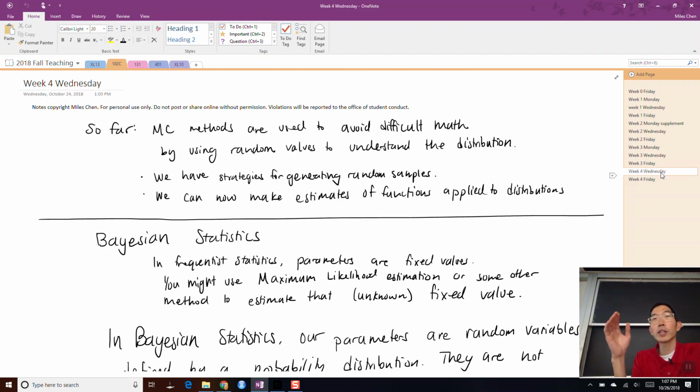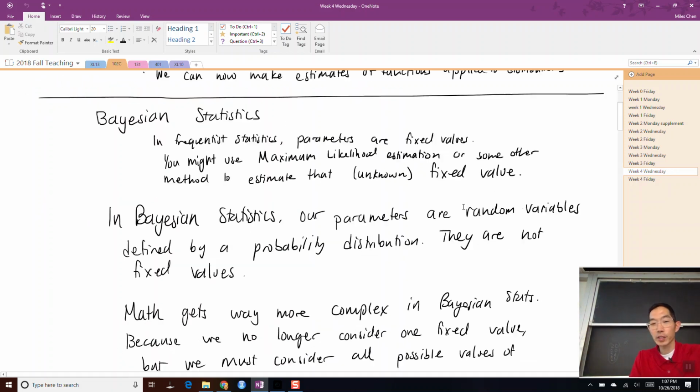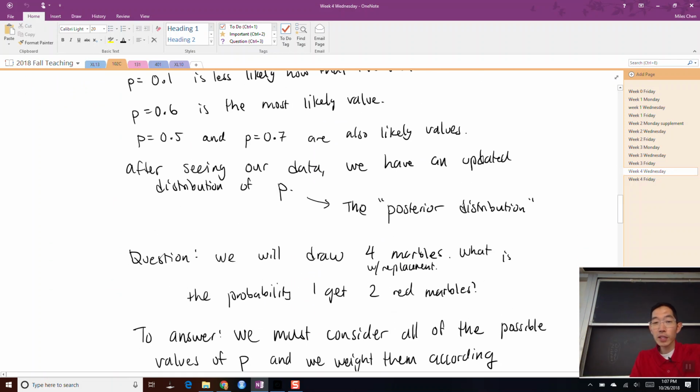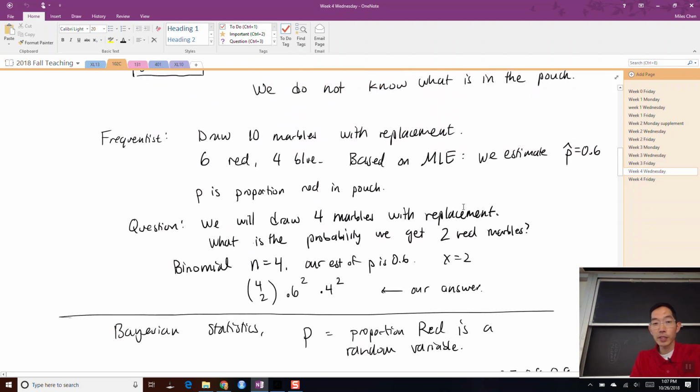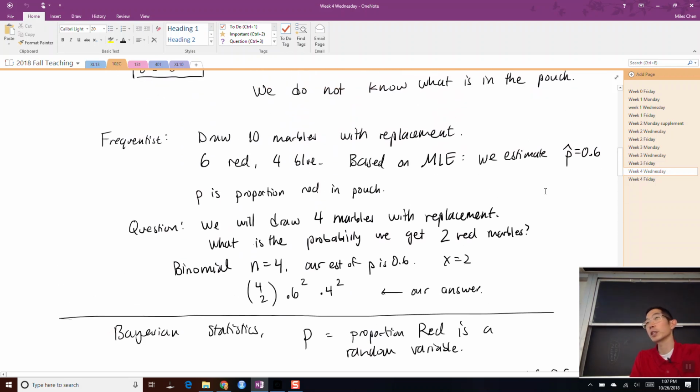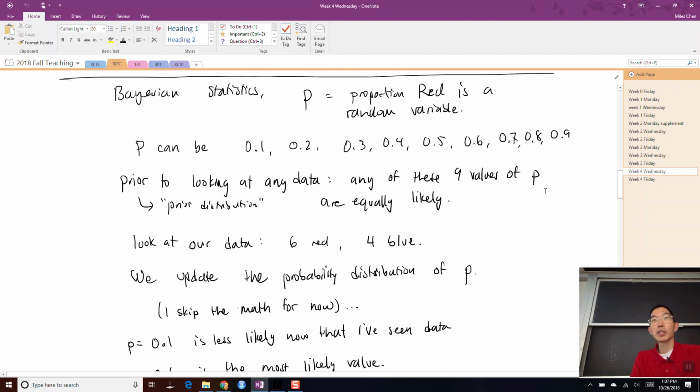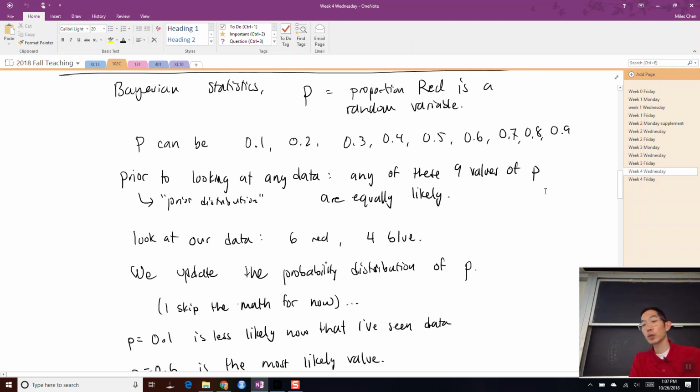And then on Wednesday, we saw that in Bayesian statistics, we do not model our parameters as fixed values, but rather with an entire distribution. Okay, so on Wednesday, I said in classical statistics, you would just use the maximum likelihood estimate of something like 0.6 if that's what you drew out of the bag. If you drew out of the bag 6 red and 4 blue, your MLE estimate would be 0.6, and that's what you would go with.